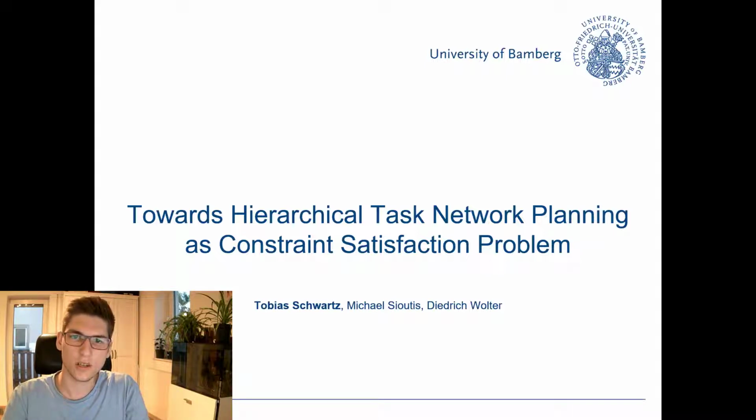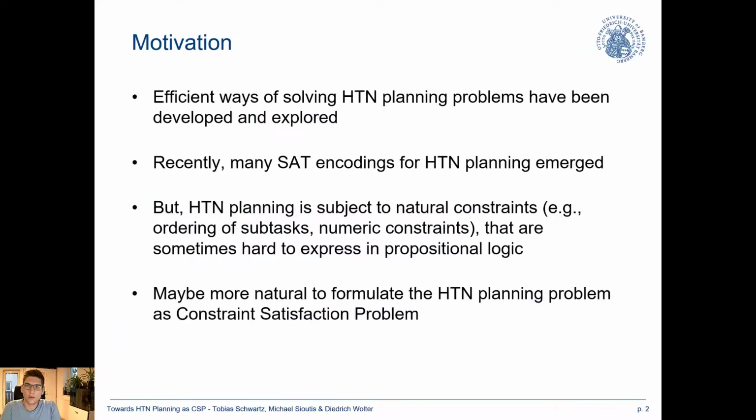Let me start with a motivation. In recent years there have been a lot of efficient ways of solving HTN planning problems. And recently in particular, there have been a lot of encodings in propositional logic, SAT encodings for HTN planning.